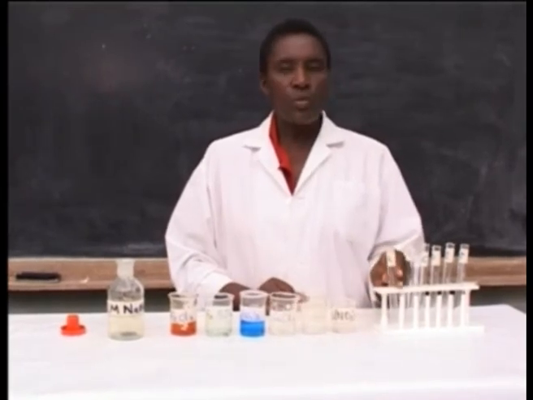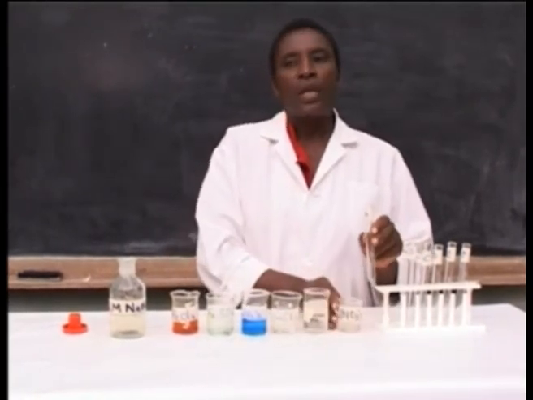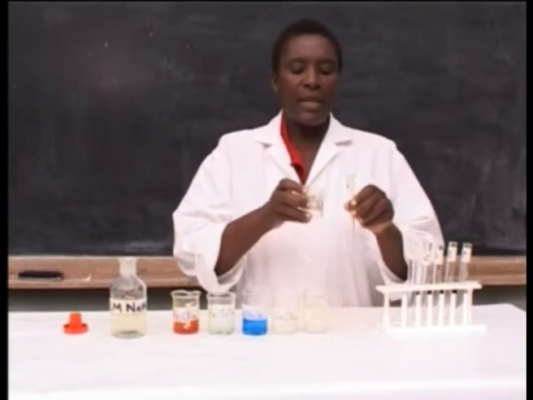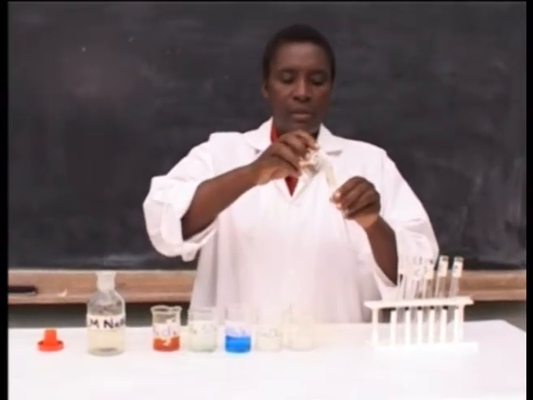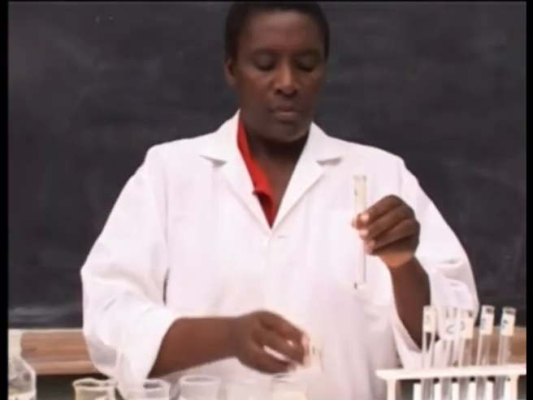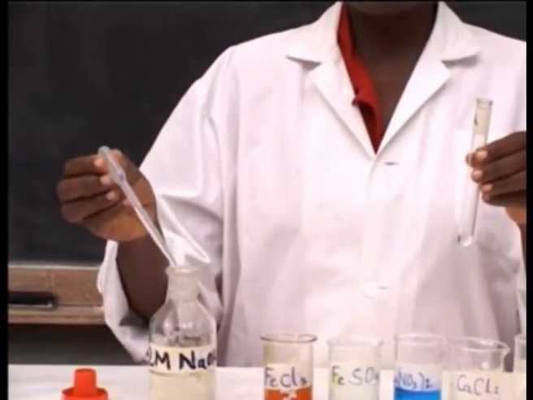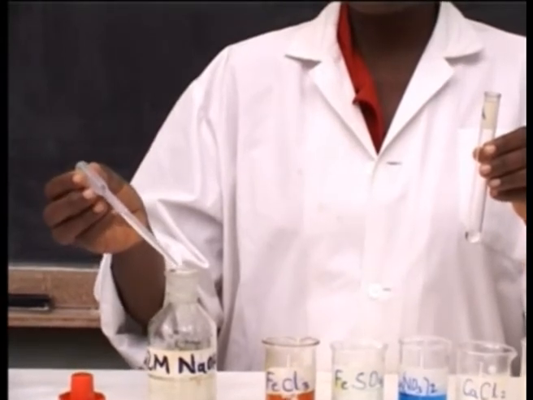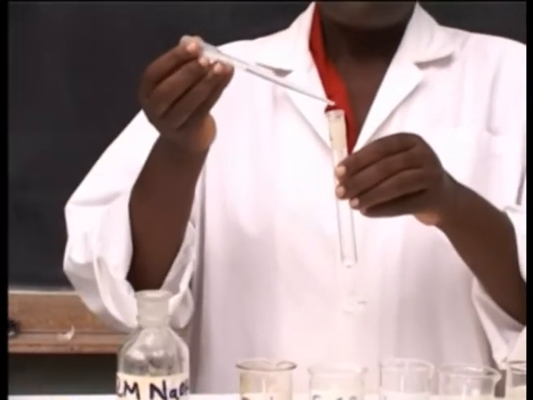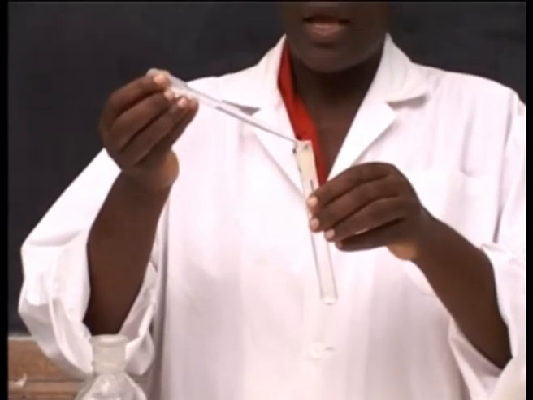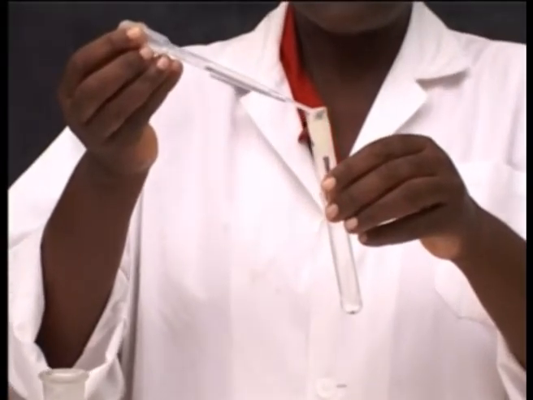To test tube A, put lead nitrate solution. Then add sodium hydroxide solution, few drops until in excess.